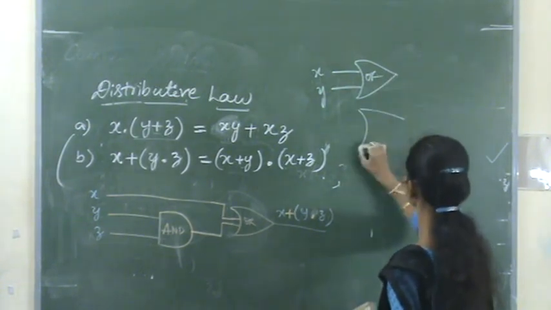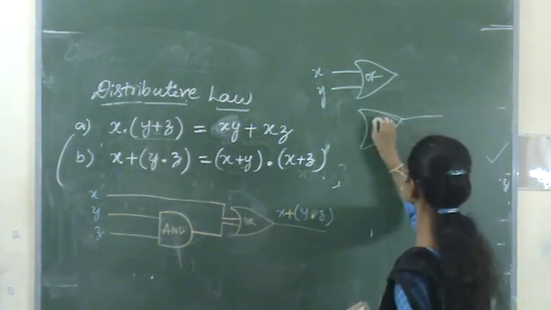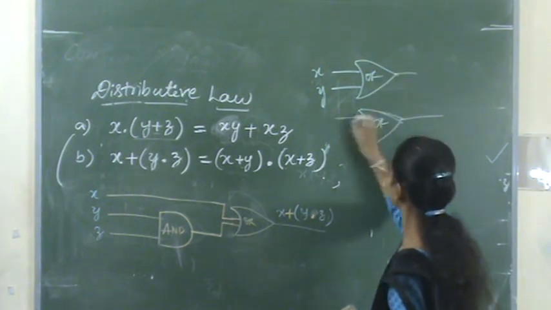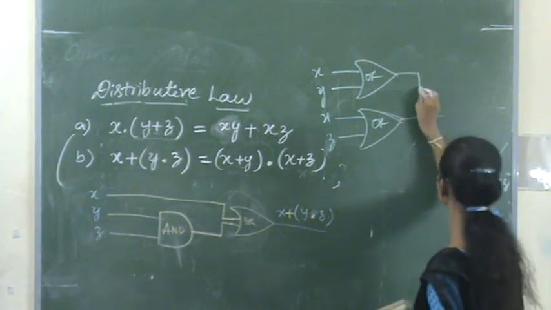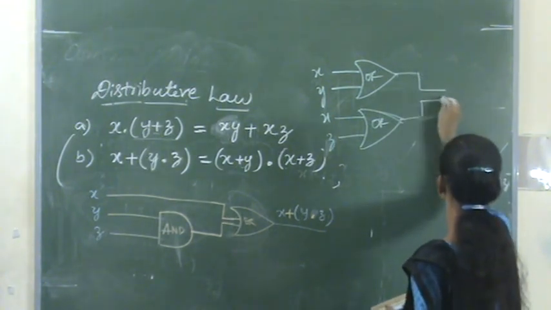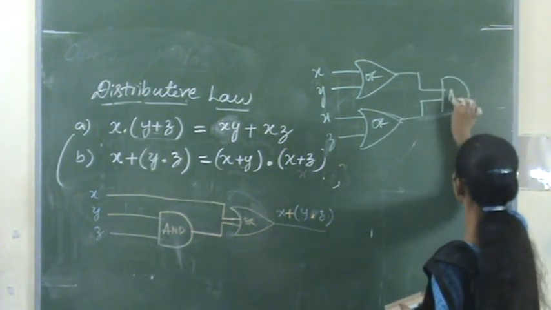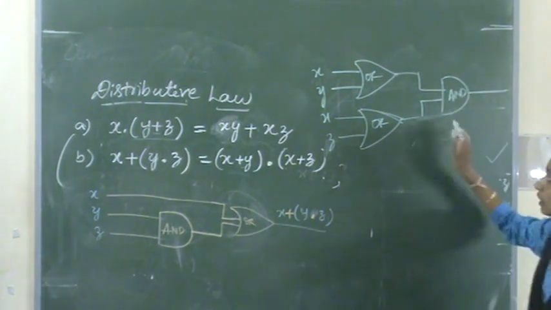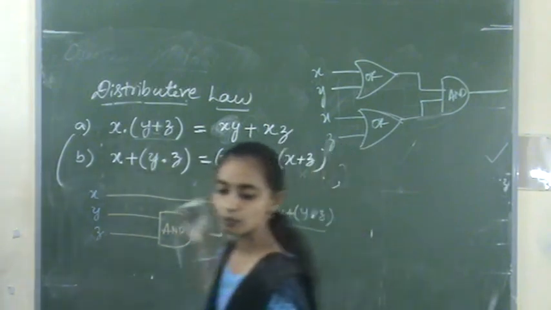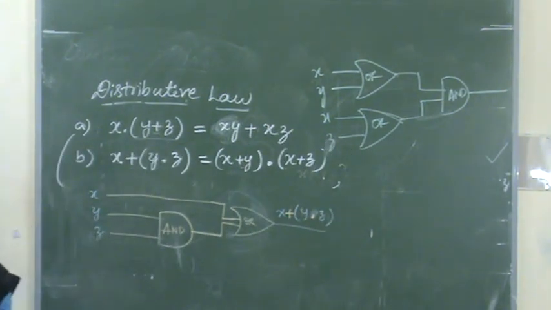And another one is x and then z. So these results we are performing AND operation. Okay. So like this we can provide the circuit diagram for distributive laws.